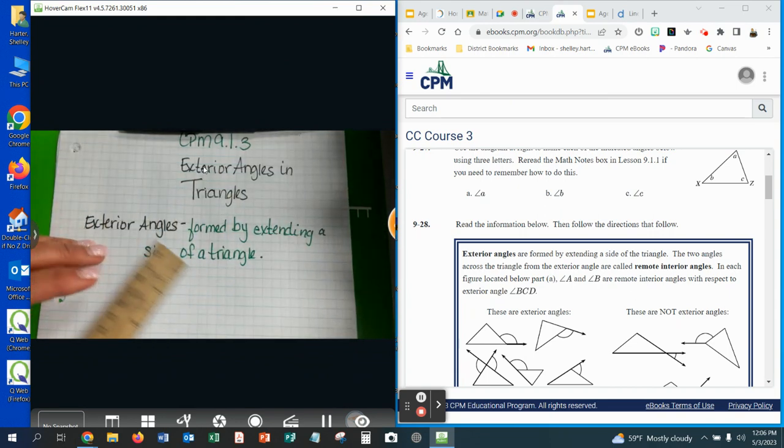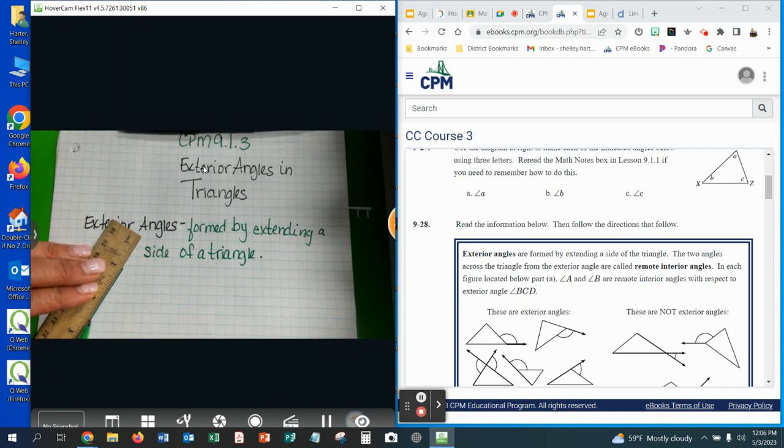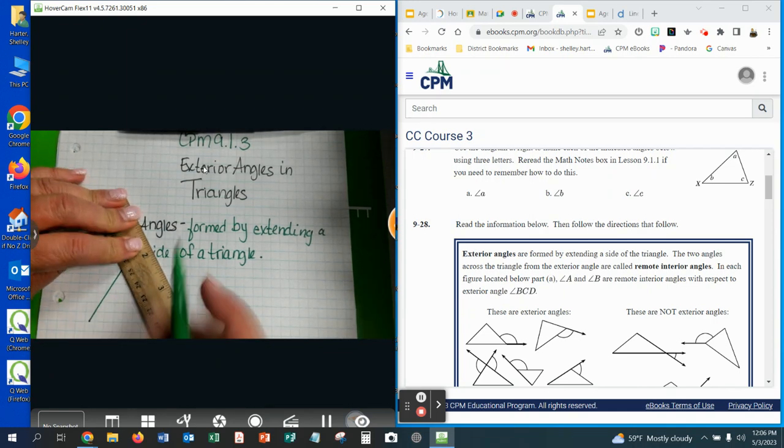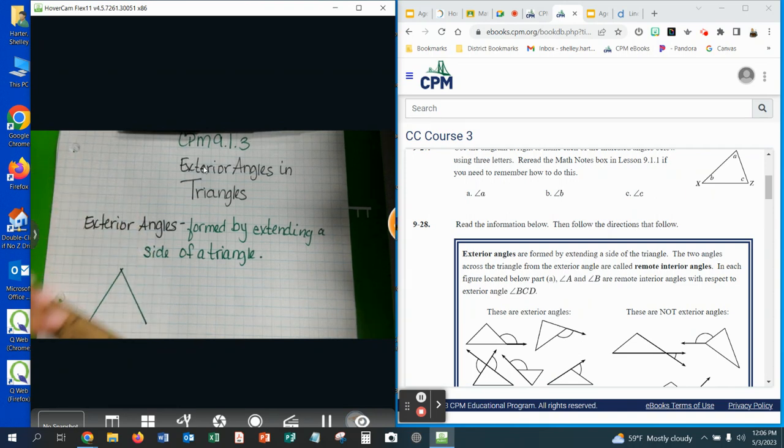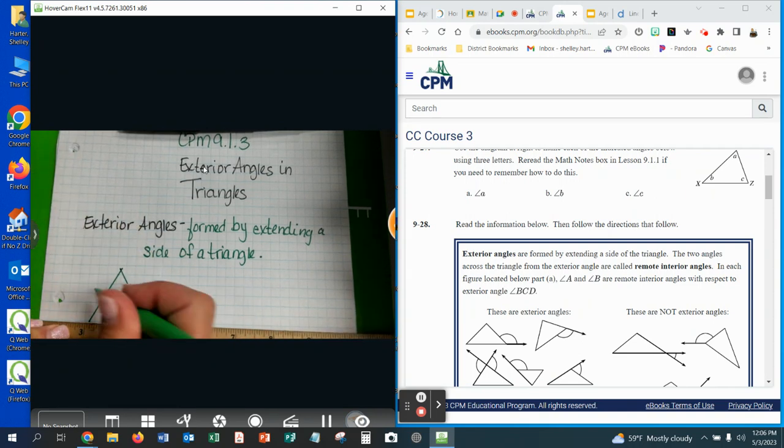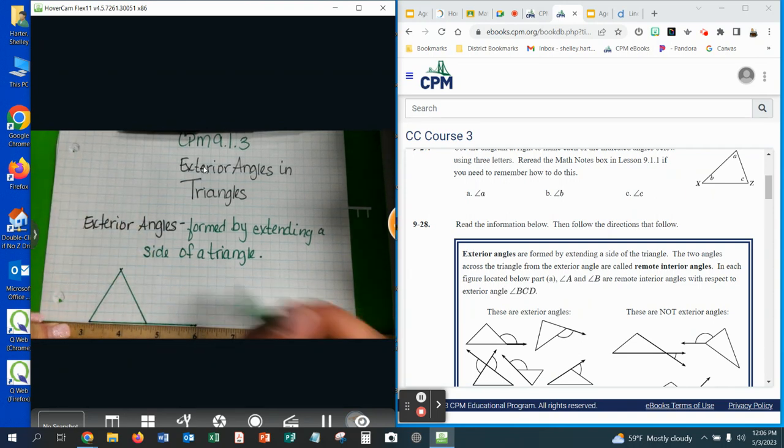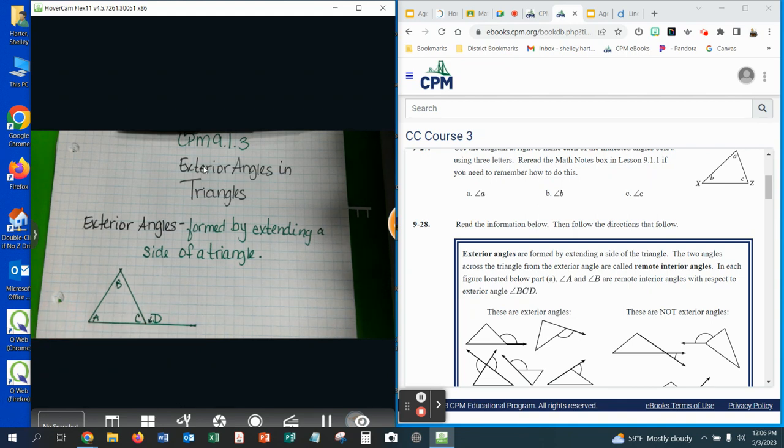So if you take a triangle and it goes like this, and it extends like this, this is going to be A, B, and C, and then this part will be D. Understood? That is an exterior angle.